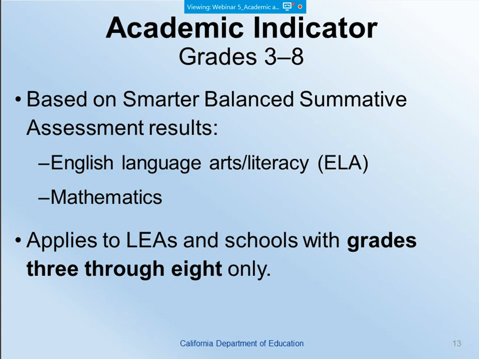The academic indicator is based on the Smarter Balanced Summative Assessments for English Language Arts and Mathematics for grades 3 through 8 only. Districts and schools that serve students in grades 3 through 8 will receive a performance level for this indicator on the Fall 2017 dashboard.